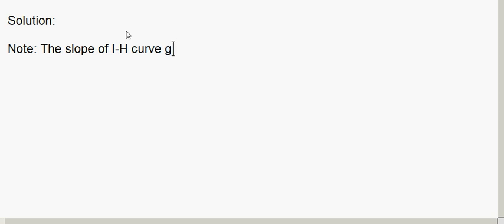I'll give you a note for your reference: the slope of the I-H curve gives the magnetic susceptibility.